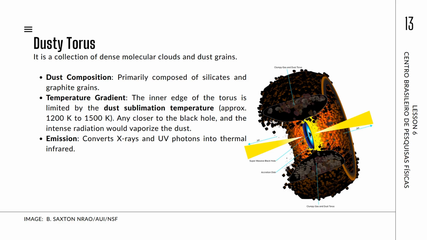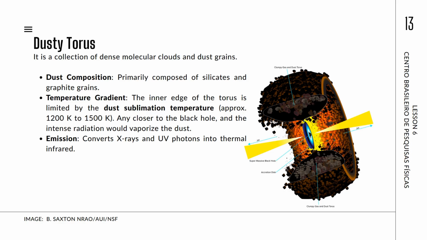And we have a lot of dust as well. And this clumpiness of the torus eventually can allow us to see through it. Because if we look through several clouds, at some point you can see a hole in the clouds. It's like looking at the sun when you are under a tree: eventually you can see some flashes.